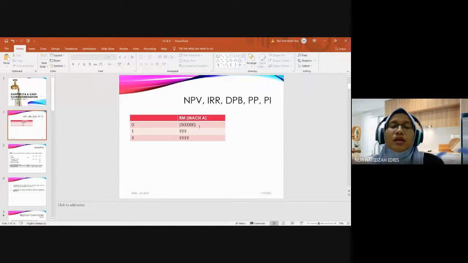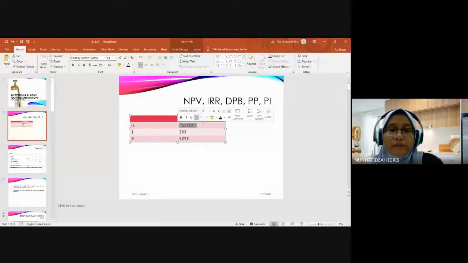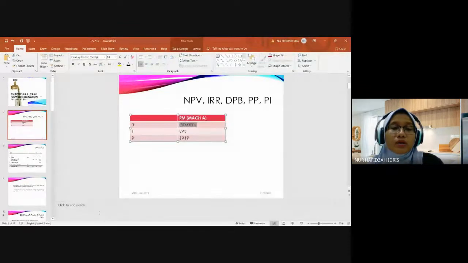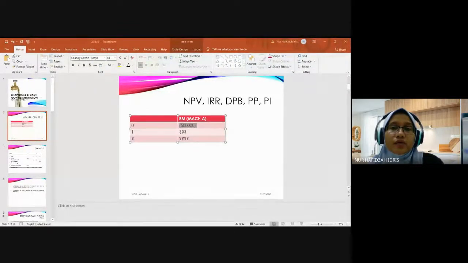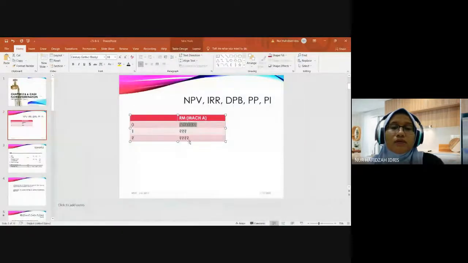But in this case, since you will buy machine A, and nobody knows how to handle this machine, therefore you will pay for the cost of those workers. So you need to pay 10,000, and that 10,000 is the incremental cash flow. Then another one, apa lagi yang berkenaan? Let's say you need some space to locate your machine.